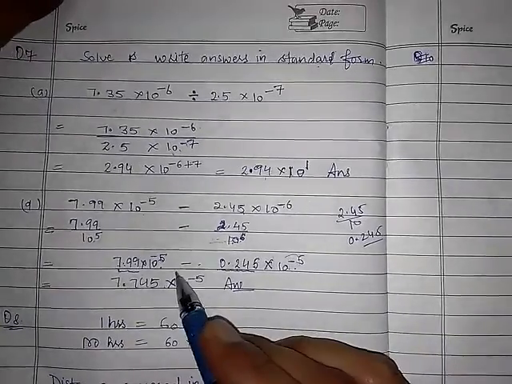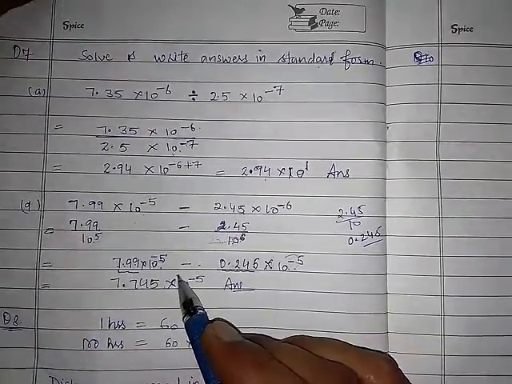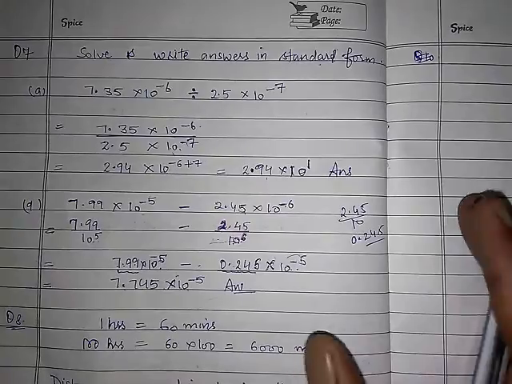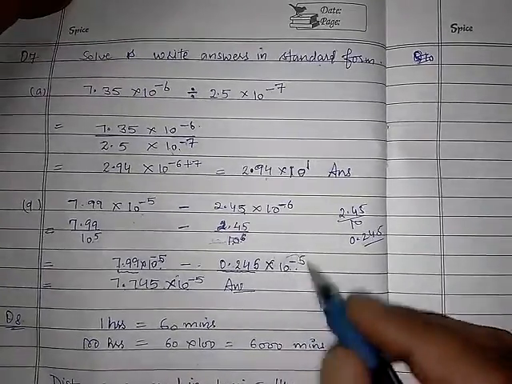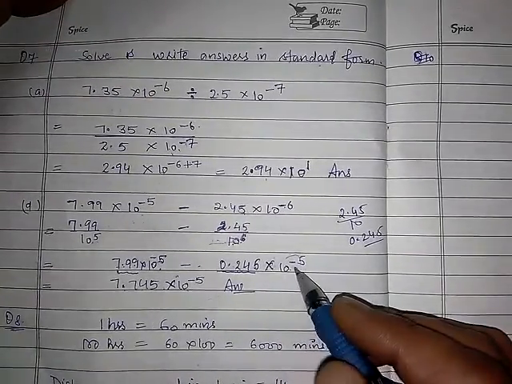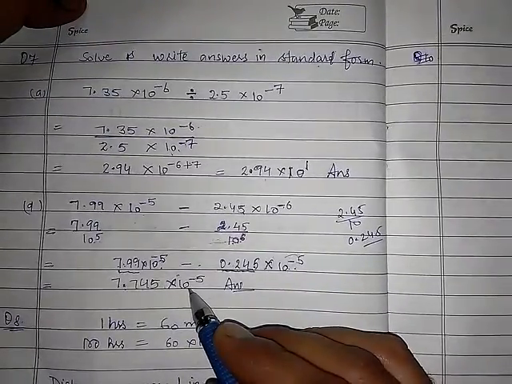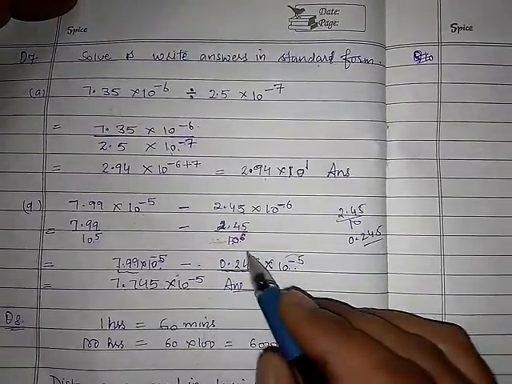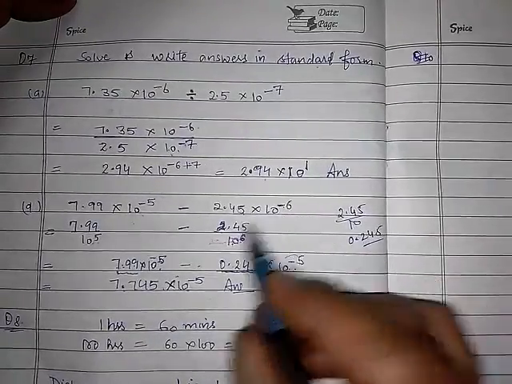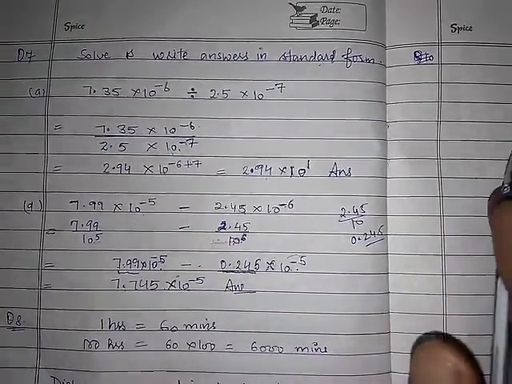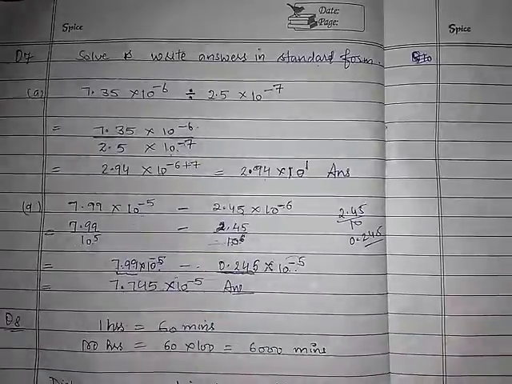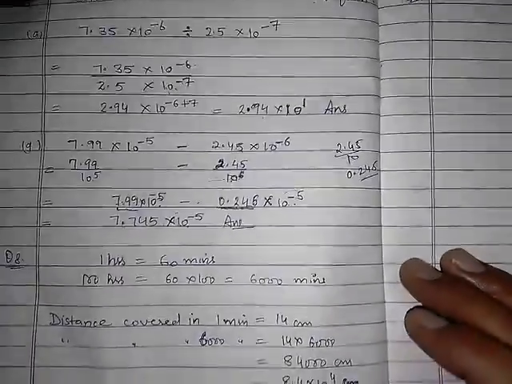It means already it is in the standard form. Is it clear? Now you come to know why I have done the question in this way. Because we have to write the answer in the last in the standard form. That's why we are not removing this minus 6 and minus 5 completely. So the best way to solve the question is this way.